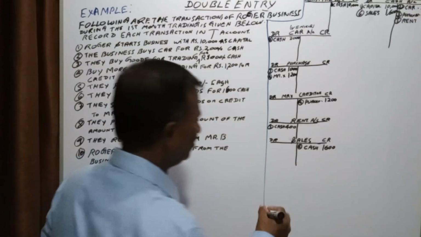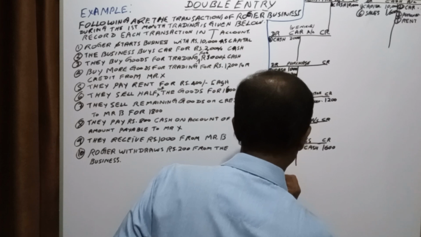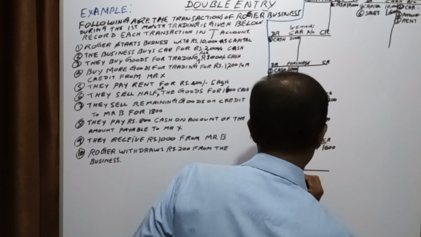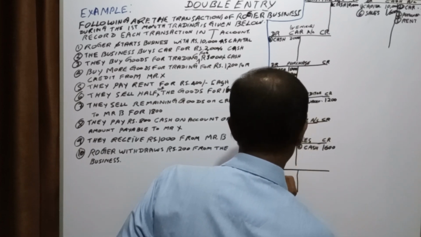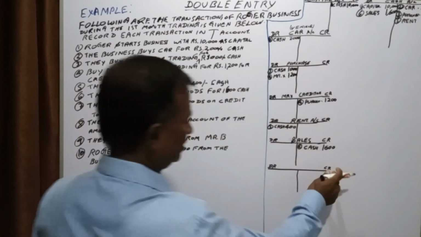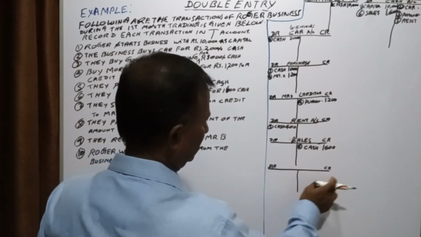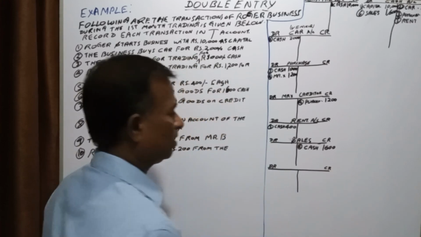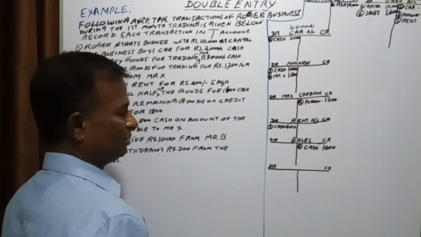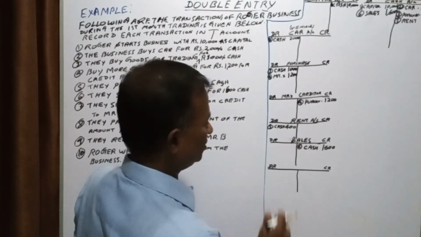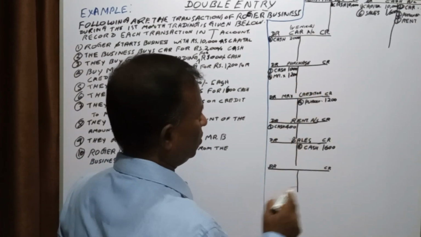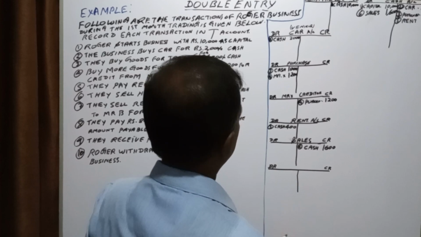His account we have to open, right? Mr. B. Here is the debit side, this is the credit side. We don't need to write this Dr and Cr because it is understood, but you are starting from scratch. Because of that basic level, I am writing all of this for you all to understand very easily.